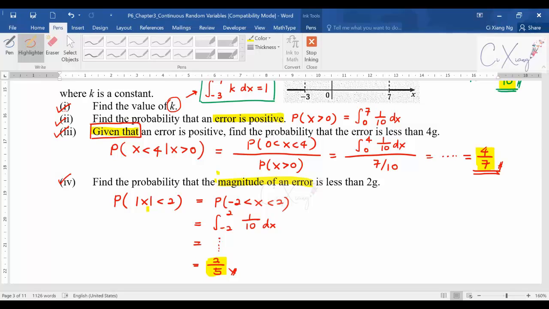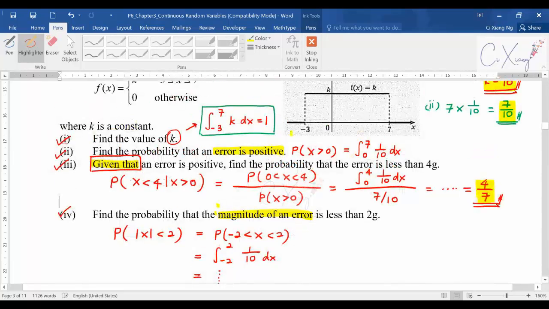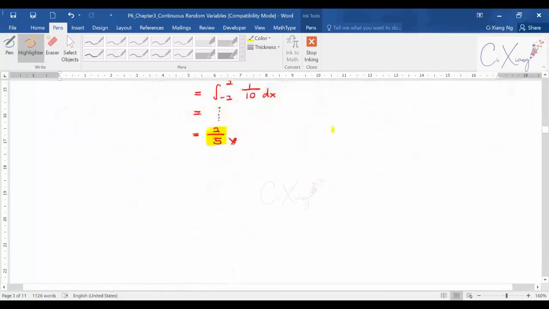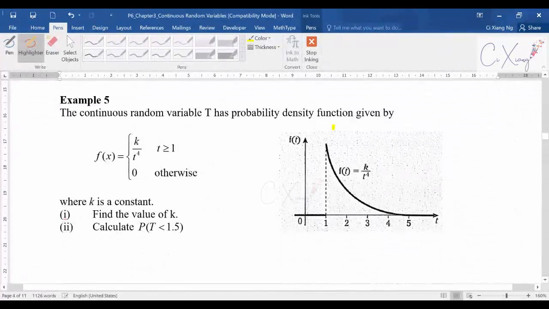So you can use common sense about the area of these shapes to get the probability also if you want. If you don't like integration, I can tell you that we seldom have this kind of question. Okay, so if let's say you have, then maybe you can make full use of the figure, right? Okay, so maybe the last example for this video.